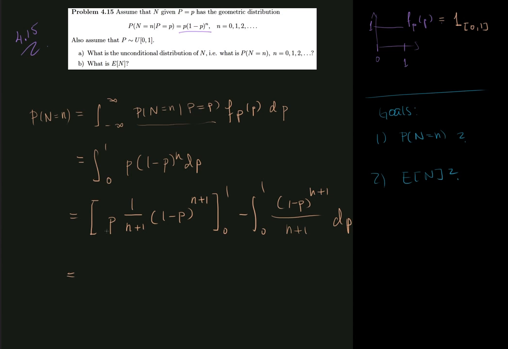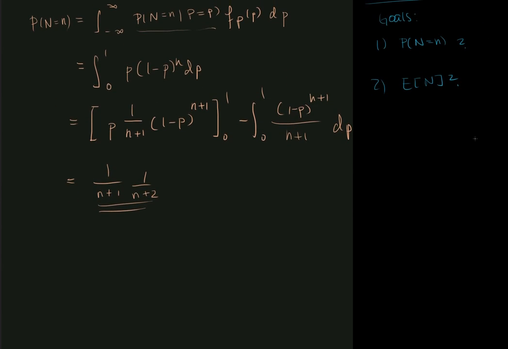And after we calculate this and spend a little bit of time, we reach the conclusion that this is 1 over n plus 1 multiplied by 1 over n plus 2. So that was the point probability for n equals 0, 1, 2, and so on.